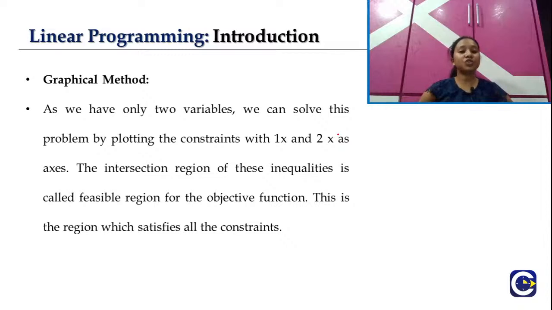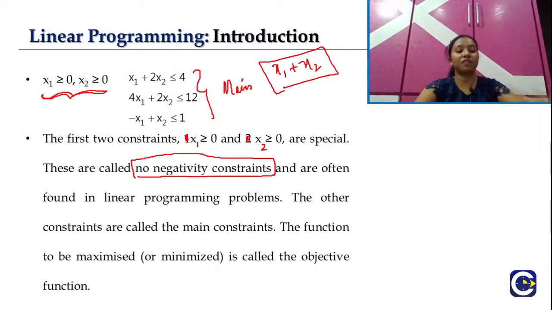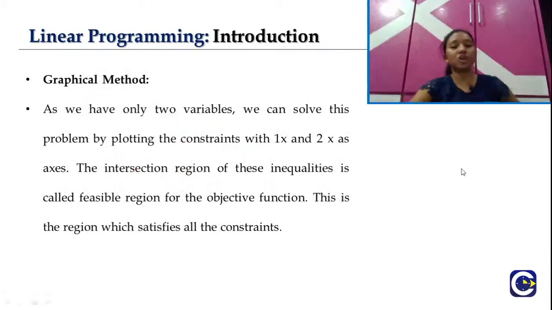As you can observe in the linear function, how many unknowns are we having? In this entire example, how many constraints are we having? 1, 2, 3, 4 and 5. So we are having 5 constraints. And how many unknowns? 2 unknown values. So how can you solve this?